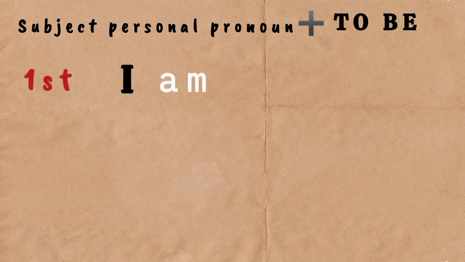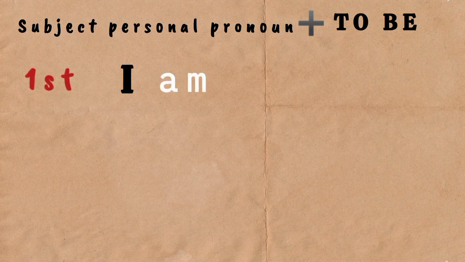The most common and basic verb that you will use in your day-to-day English speaking is the verb to be. I'm going to teach you how to use the verb to be with the subject personal pronoun. I, first person, singular, subject personal pronoun. I am.